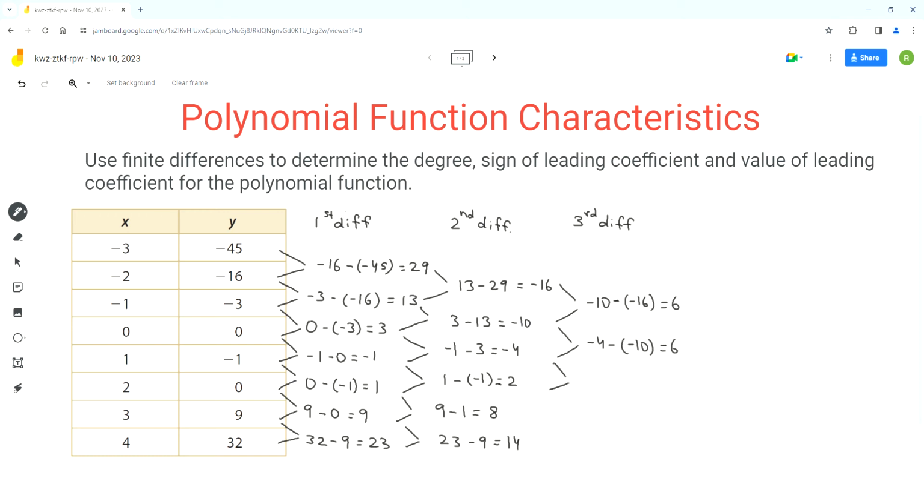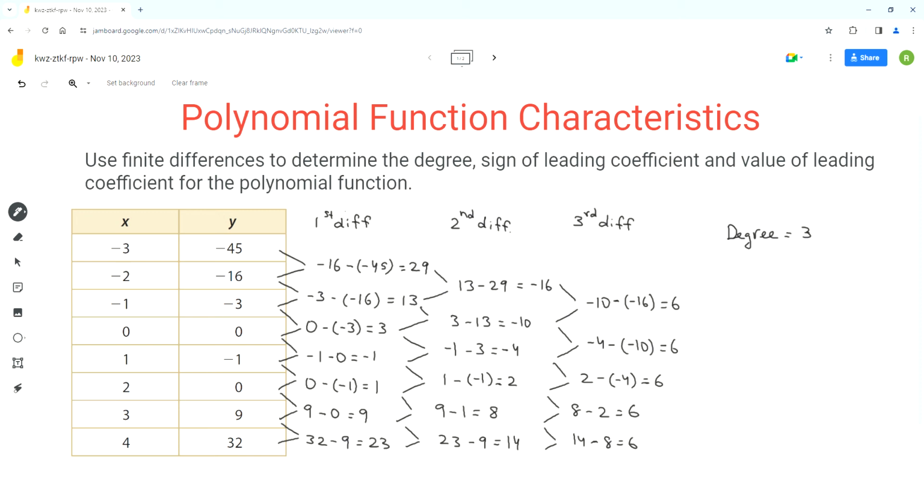And then we'll do 2 minus negative 4, which is also equal to 6. And then we'll do 8 minus 2, which is also equal to 6. And then we'll do 14 minus 8, which is also equal to 6. Here we can see the third differences are the same. That means the degree of this polynomial function is equal to 3 because the third differences are constant.